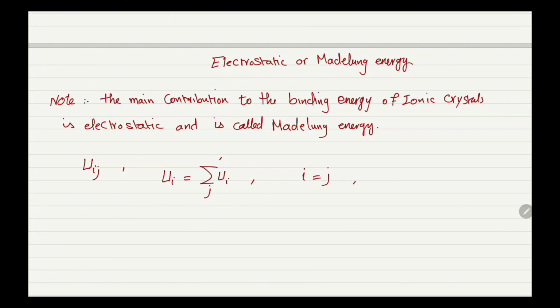We suppose that Uij can be written as the sum of a central field repulsive potential, which can be written in the form lambda exponential minus r over rho, where lambda and rho are empirical parameters, and the Coulomb potential, plus or minus q square over r. This is the repulsive interaction, and this one the Coulomb interaction.